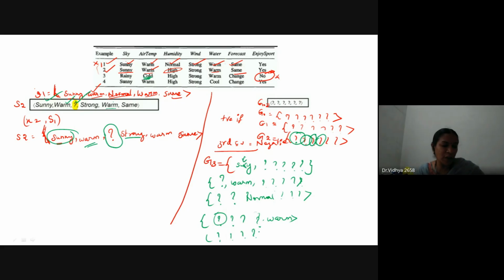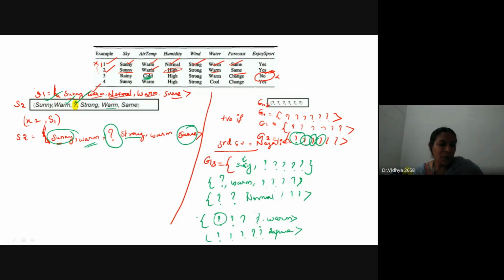The remaining attributes are the same, so we have to put the rest of the things as general 1, 2, 3, 4, 5, and finally you have to write same. Okay, so likewise now we have framed G3.